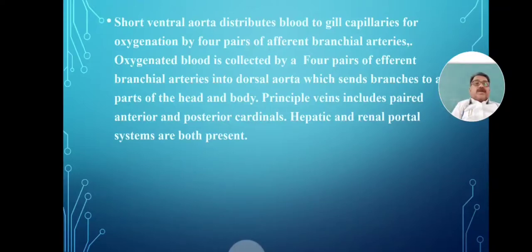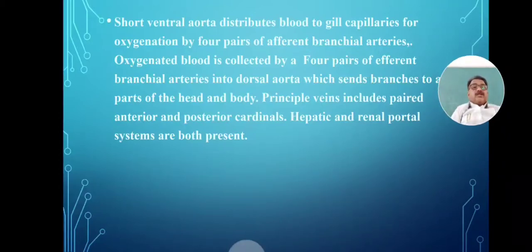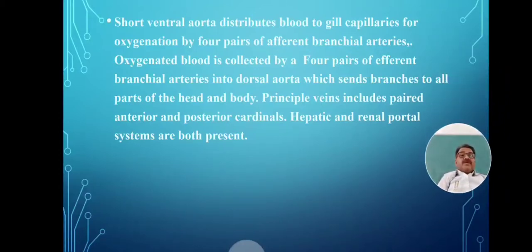Oxygenated blood is collected by 4 pairs of efferent branchial arteries into the dorsal aorta, which sends its branches to all parts of the head and body.